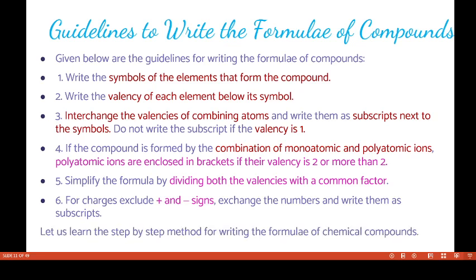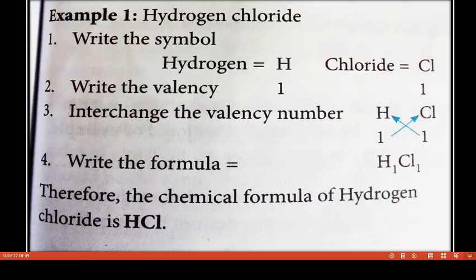So let us learn the step-by-step method for writing the formula of chemical compounds. See example number 1, hydrogen chloride. First, write the symbols of the elements that form the compound. The symbol for hydrogen is H, for chlorine Cl. Second, write the valency of each element below its symbol. Here hydrogen valency is 1, chlorine valency is 1.